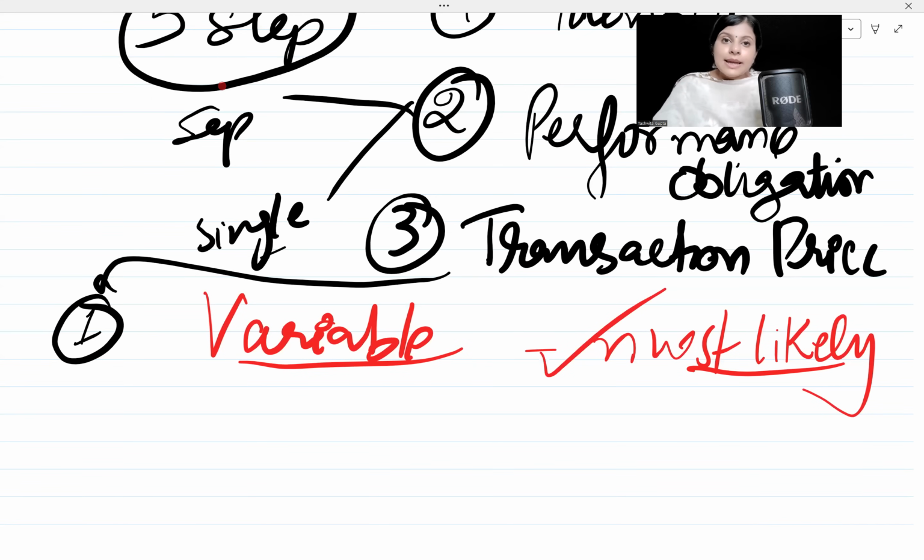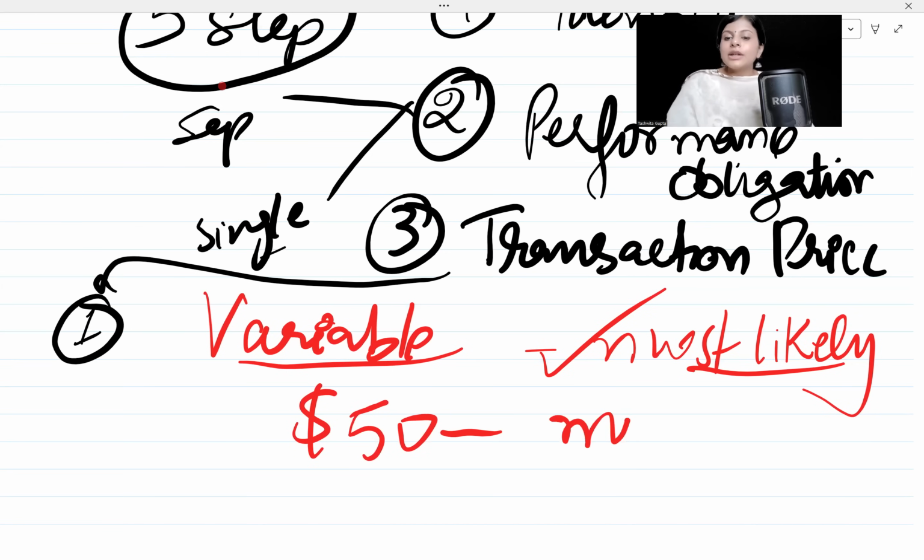So if the question says that you are receiving $50 extra if you do not commit any mistakes in your construction. So $50 is too less. So let's suppose you're doing some performance obligation, and if you do not commit any mistake, you will get this extra $50. So you will ascertain the probability of it based upon past trend.